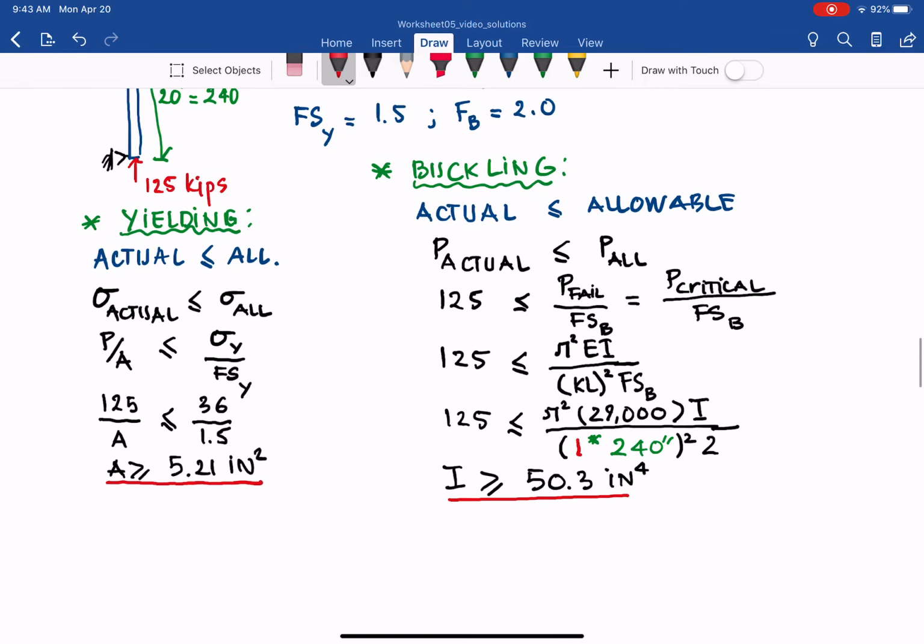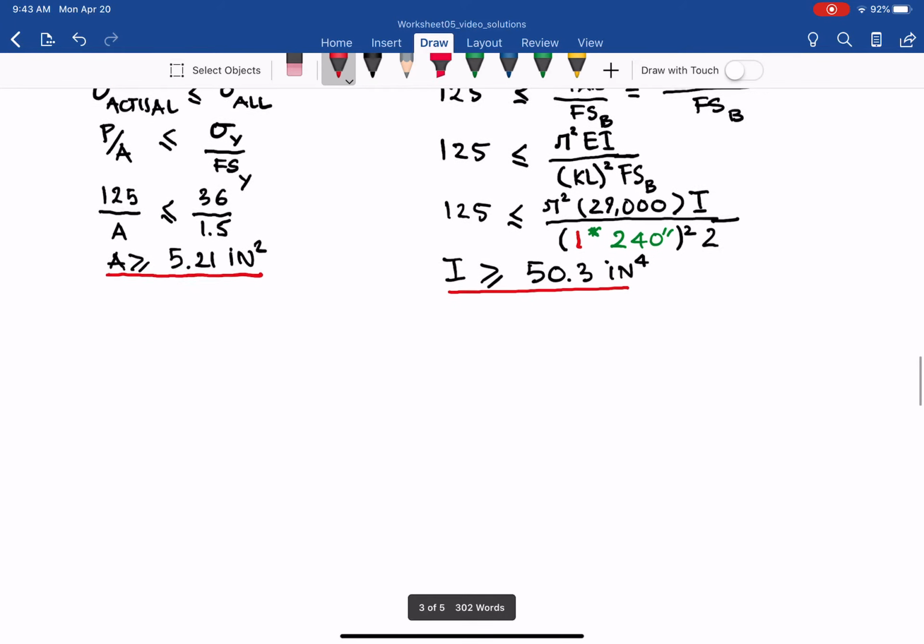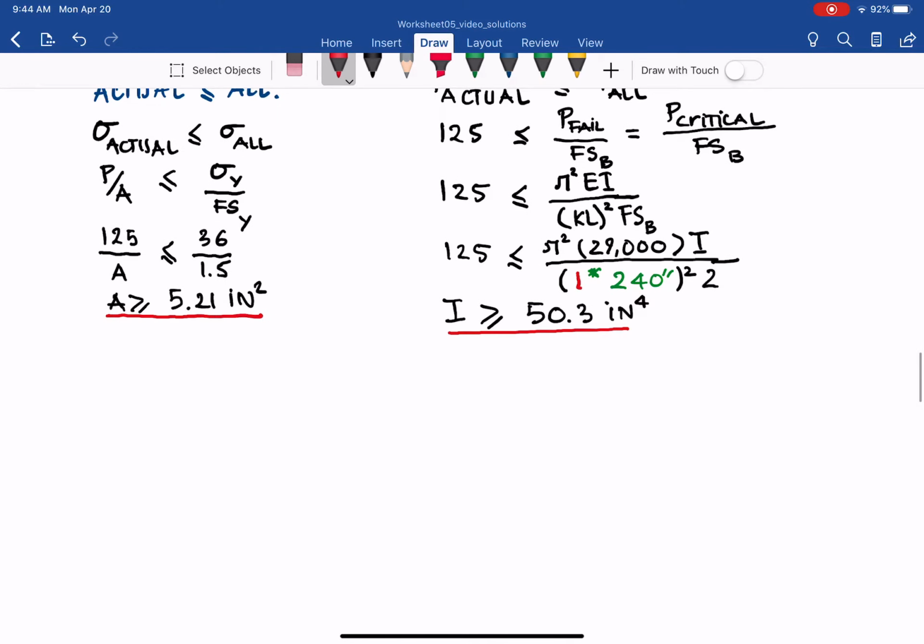So how do we find the wide flange shape? We need to go to Appendix C. But before that, I need to specify the requirements. What are the requirements we are talking about here?